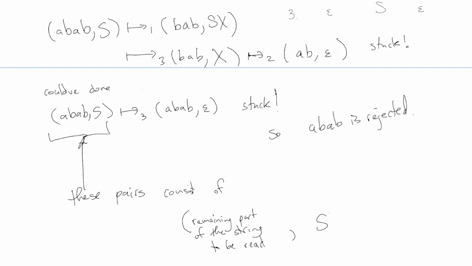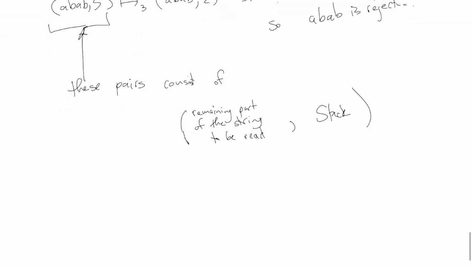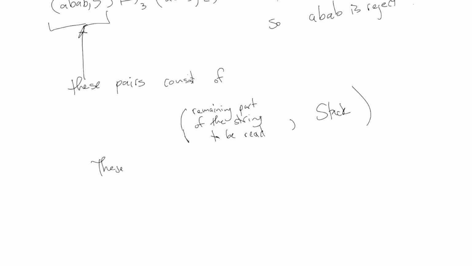Comma, the stack. That's what these pairs look like in each step. And the pairs, our book doesn't call them pairs. They want to be fancy about it. These are called instantaneous descriptions, because it tells you everything you need to know at a certain instant.